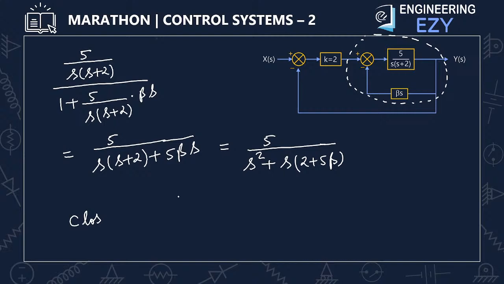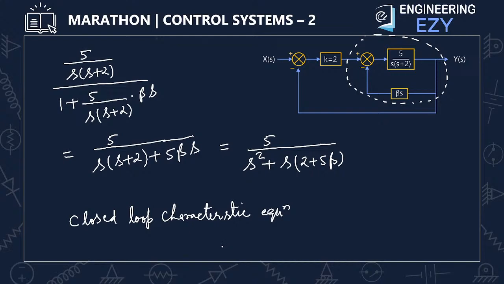So I am solving. The closed loop characteristic equation is 1 plus G(s)H(s) equals 0, and 5 multiplied by 2 is 10.